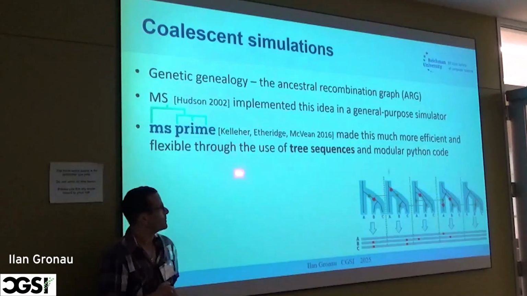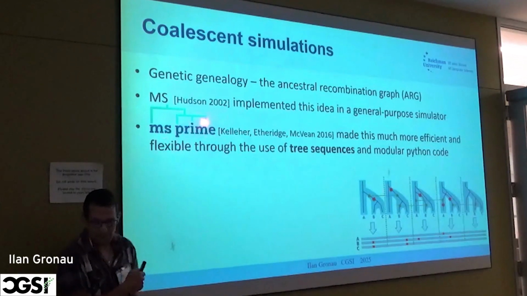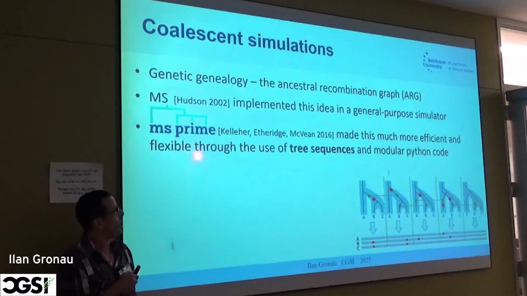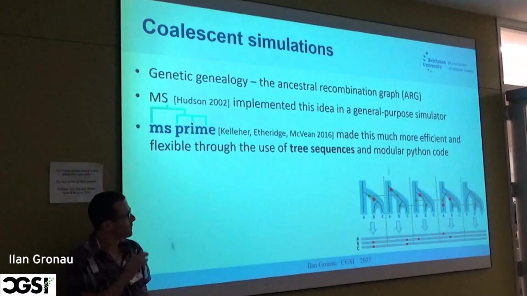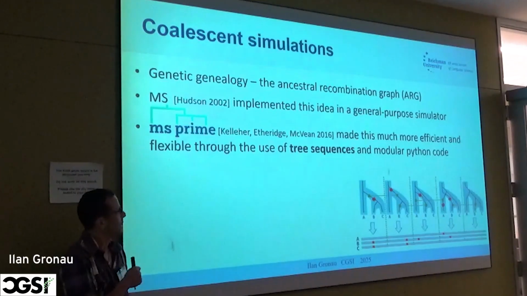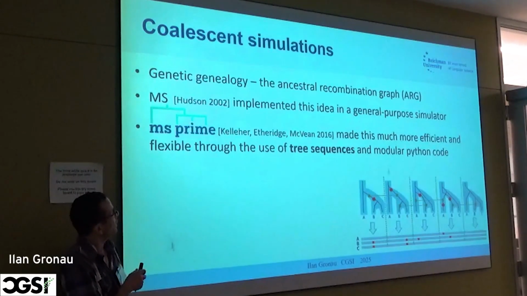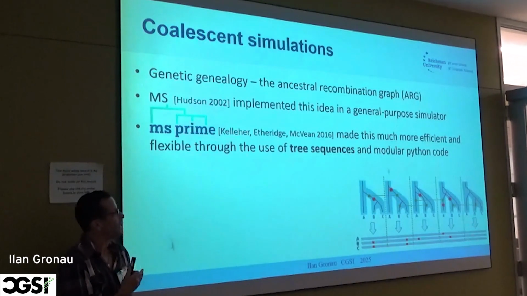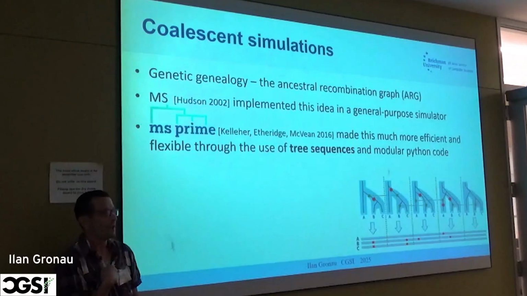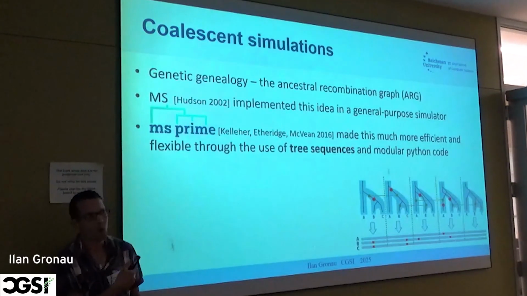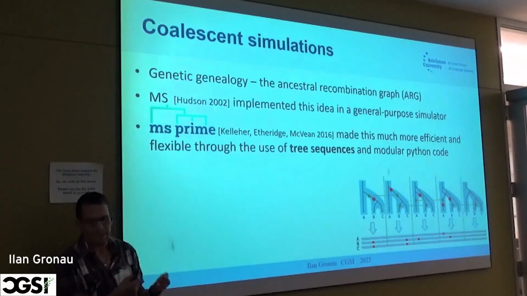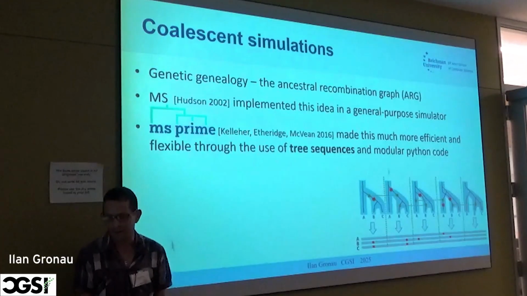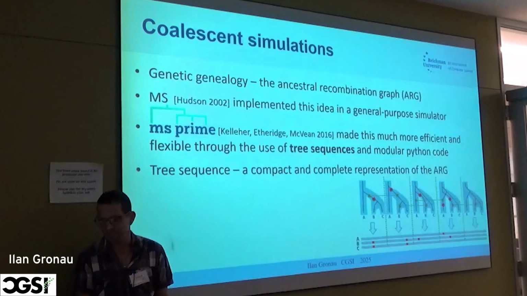Then another important step in progress, this is what people mostly use now in neutral simulations, is msprime. There were quite a lot of contributions here that made this much better than MS. The main thing is that it's much more efficient, but it's also based on Python code, so it's a bit more robust. It's easier to code your simulation scenarios, not with these cryptic command lines, right?